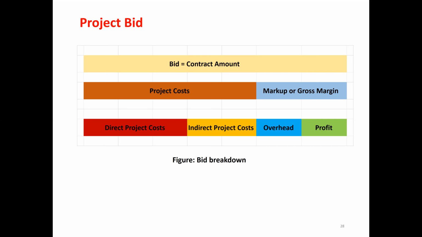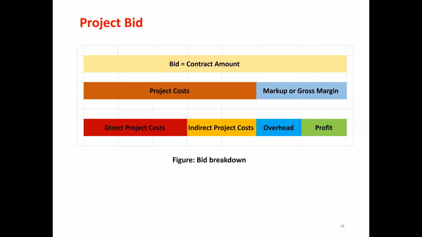You can see these things in detail in chapter 2, chapter 12, or chapter 17. But here it's just a summary: project bid is equal to our contract amount. This is a comparison of project cost and our markup or gross margins.